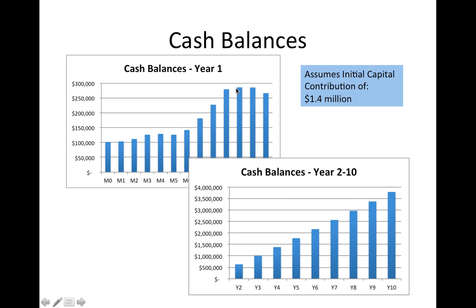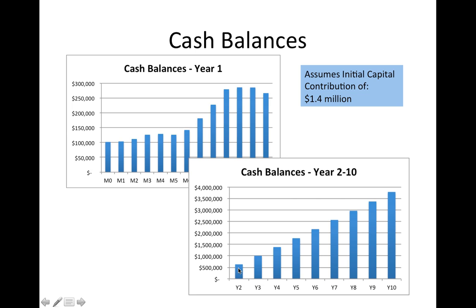And then, of course, you don't get a whole lot of growth and even a little bit of a dip as you go back into the summer. But nonetheless, by then you're up to somewhere around $275,000 in your cash account. So feeling a very good buffer at that point.